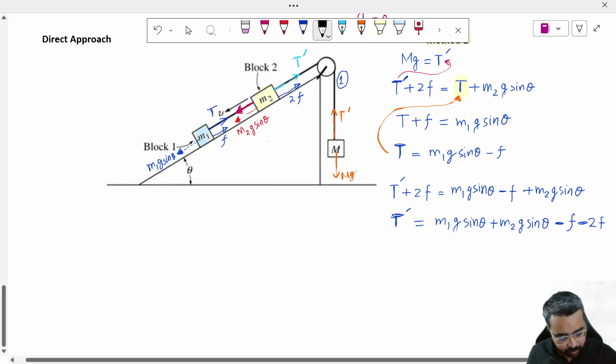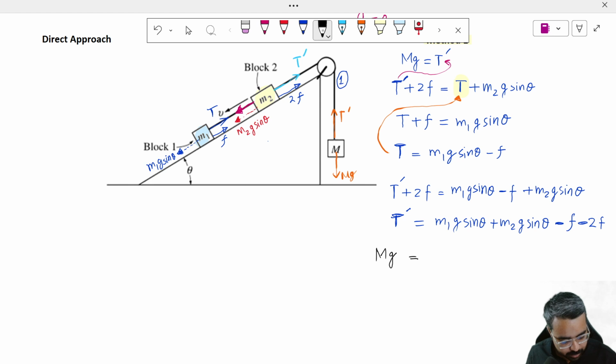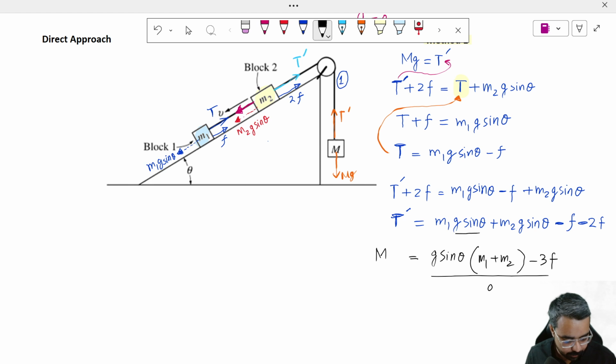So the larger mass, mg is equal to T prime, and can I take g sine theta common, so it will be g sine theta times m1 plus m2, minus 3F, right? And in another step you can divide by g on the other side, so it will be like this.